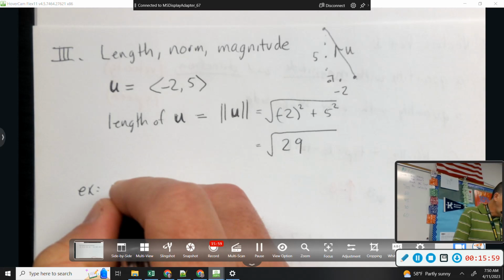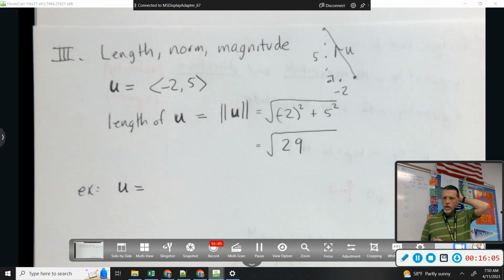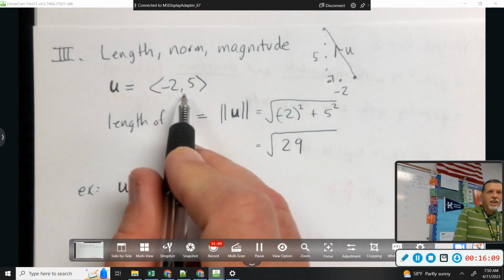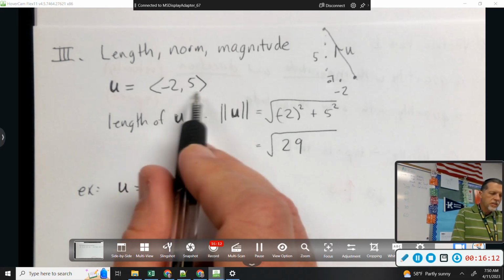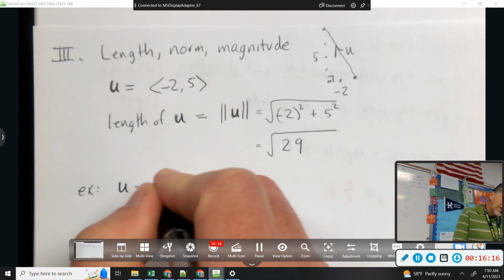All right, let's do a couple more examples. Let's say u is equal to... There's another way to give the symbol for x and y. Instead of using the parentheses format, you can use i and j format.